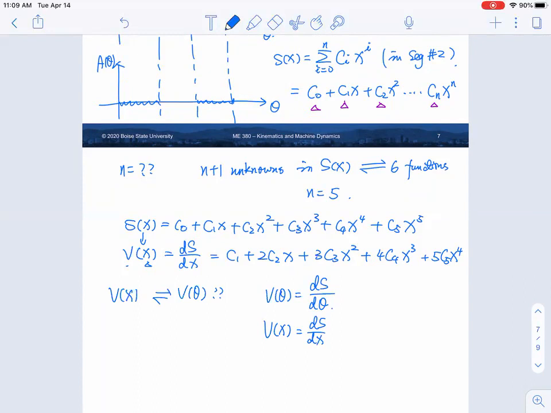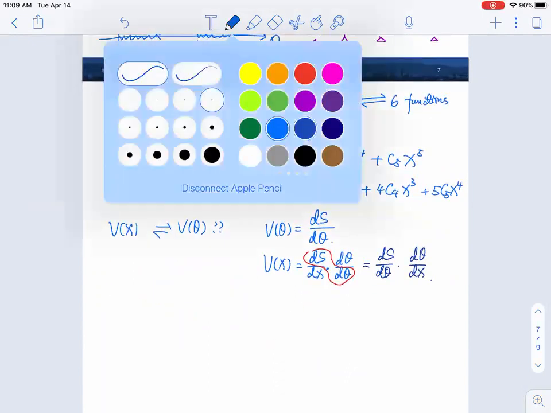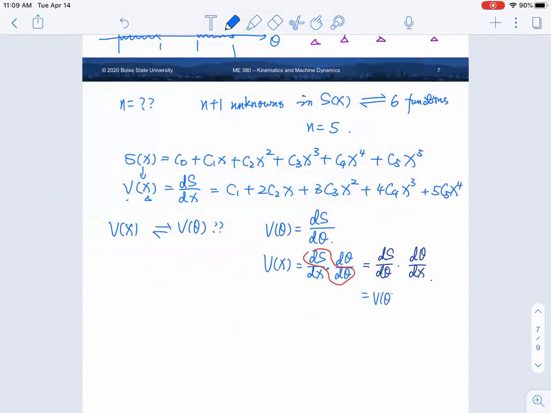We want to replace the x in the denominator by d theta. So what we do is multiply d theta on both the top and the bottom. Then, dS d theta, these two together give you dS d theta, and then you have d theta dx after that. The first term by definition is V theta, and then we need to find the second term.